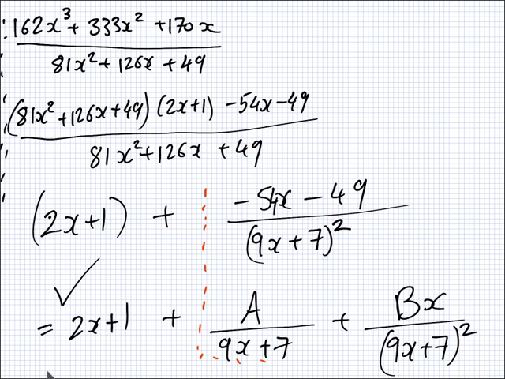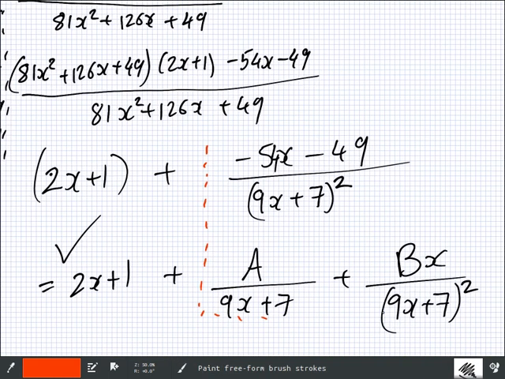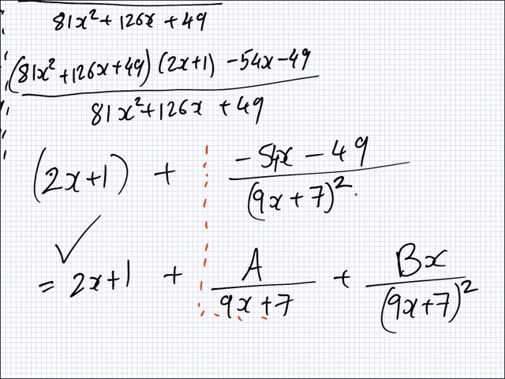Keep it as a quadratic. Don't factor it, keep it as a quadratic. And split it. How do you mean? Like put minus 54x over the quadratic. It might not work for the minus 54x, but it will definitely work for it.